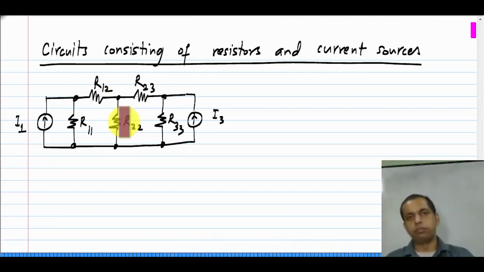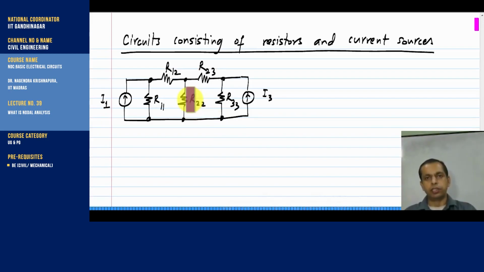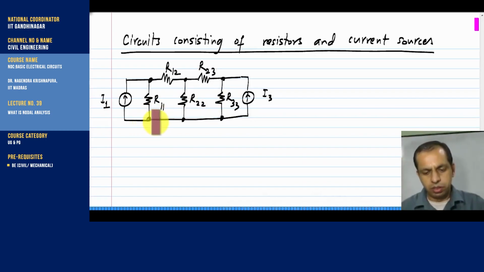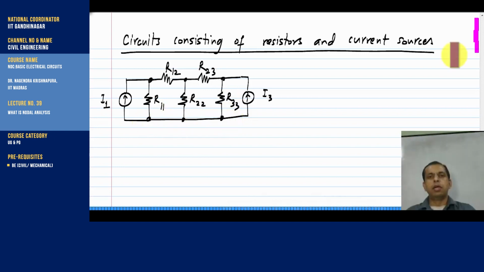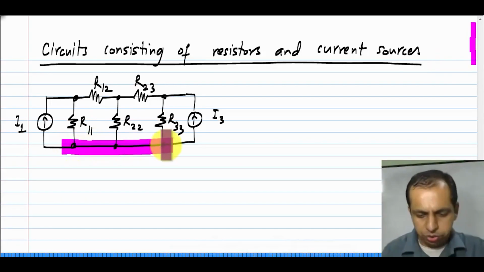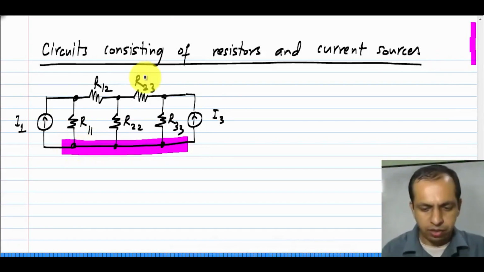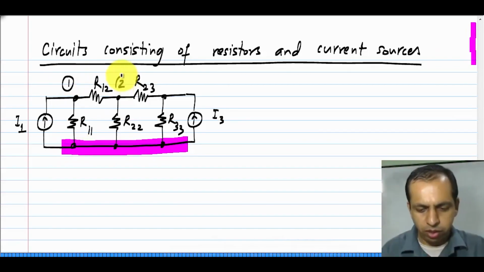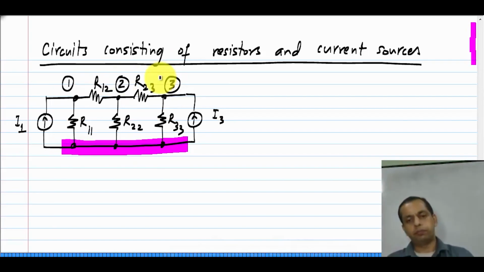I choose any 3 of the 4 nodes and write KCL equations at all those nodes. Now, I have to omit one of the nodes while writing KCL equations, and in this example I will choose to omit this one and write KCL equations at these 3 nodes, which I will label 1, 2 and 3.